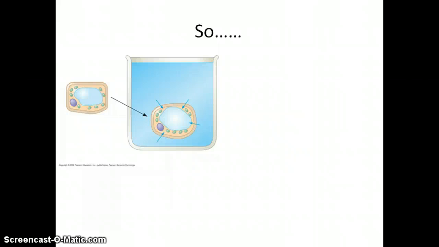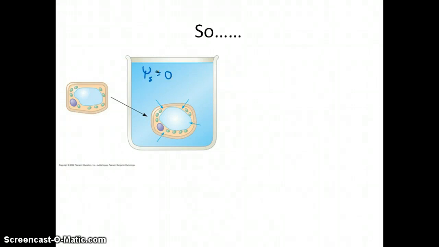So what does this all mean? Here I've got a picture of a cell that is in a beaker. It's a very big cell if we were thinking about scale. And it's in distilled water, so it's in pure water. Because it's in pure water, it has a solute potential of 0.